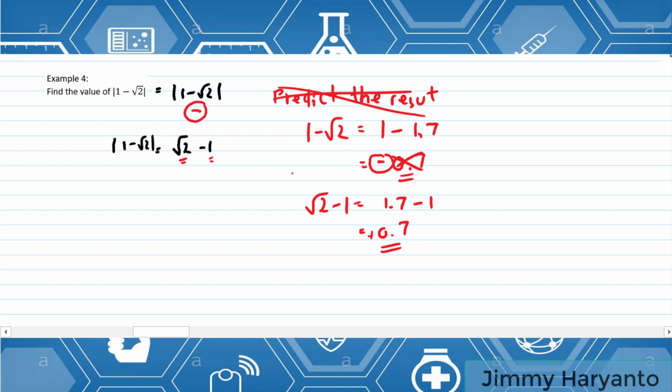Let's check example 5. Example 5 is similar to example 4: absolute value of pi minus 1.34. I will write it first. We cannot calculate this. In fact we can, since we know that pi is 3.14.